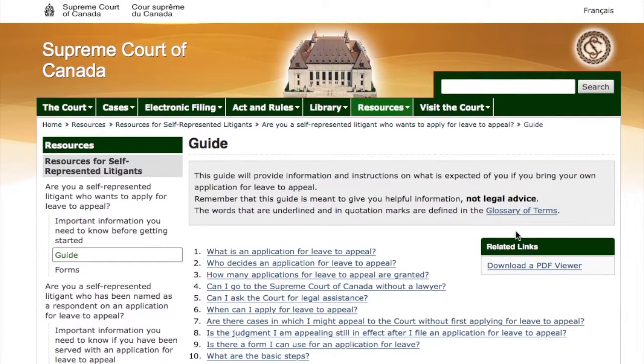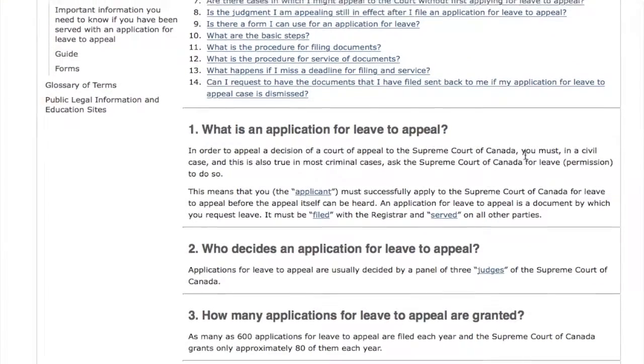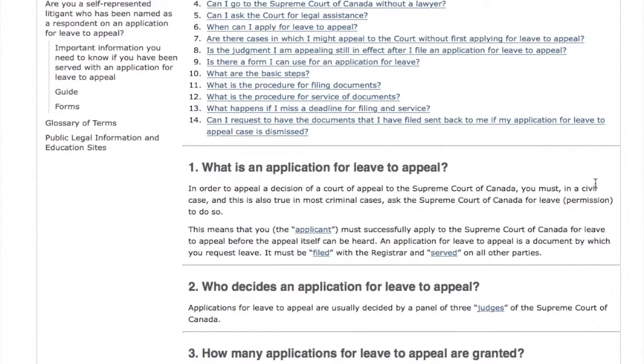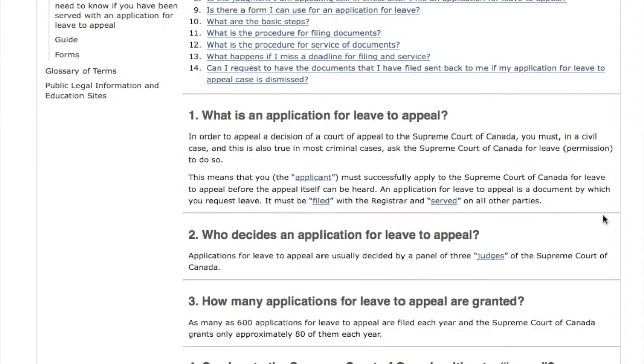So let's take a look at the guide here. What is an application for leave to appeal? In a civil case and most criminal cases, you need permission to appeal. And this is just the first step in allowing you in the door of the Supreme Court.